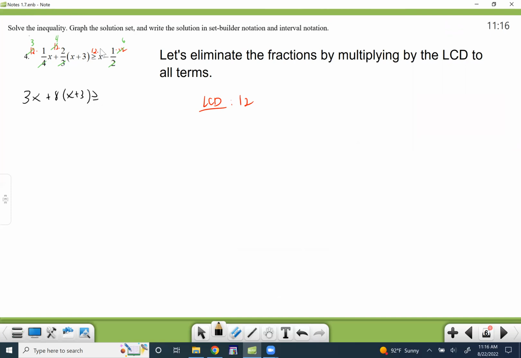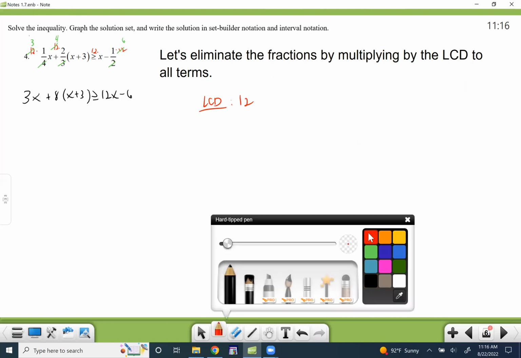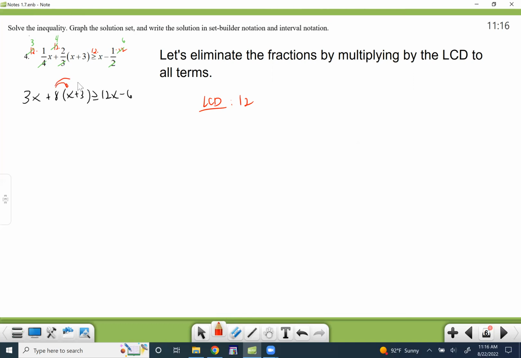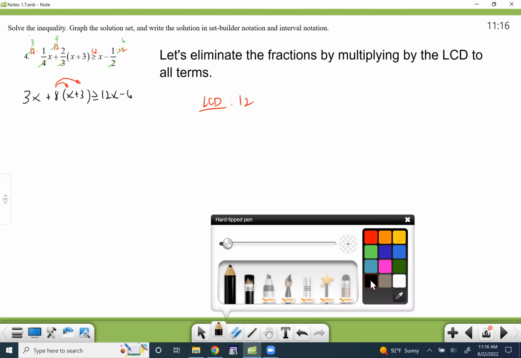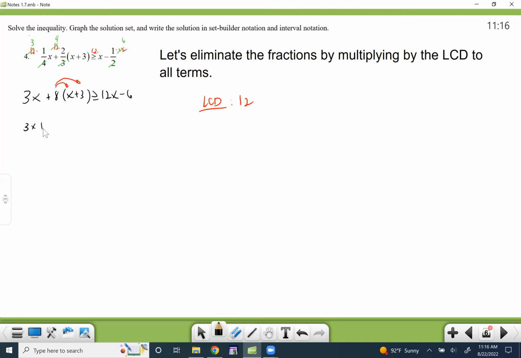And then we have 12 times x. And then we have 6 times 1. All right, so now way better equation to deal with. I do not have to work with fractions. All right, so we got 3x plus 8 equals 12x plus 6.